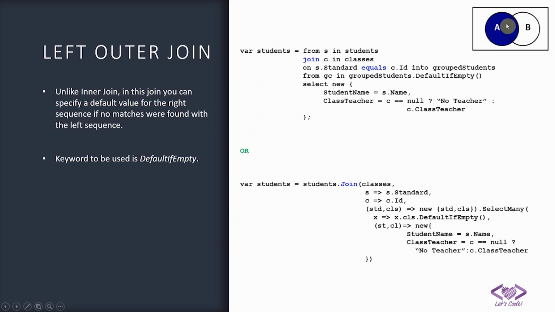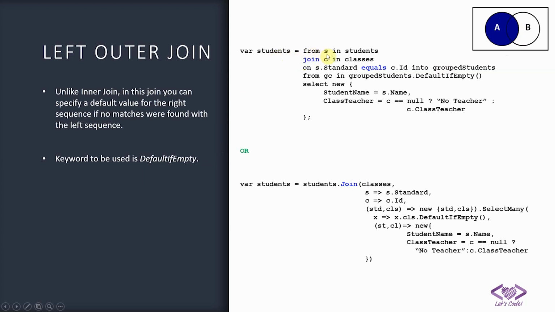So you have seen in the inner join Venn diagram that we used to get only this common area, but now in the left outer join you will get the data of the left collection also. So nothing but the common between the two collections and the left collection's data. There is a new keyword which is introduced here, that is default if empty. So we'll see the syntax how we write it.